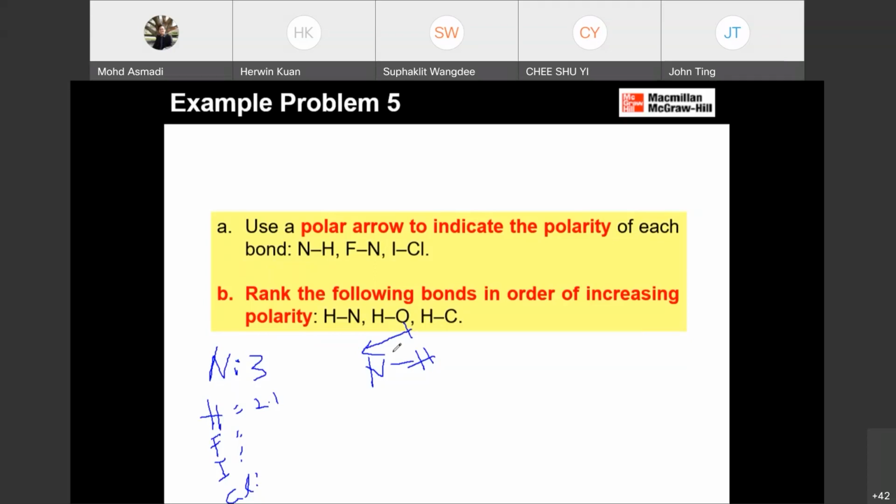How about F and I and Cl? Please do, as well as B. Rank the following bonds in order of.